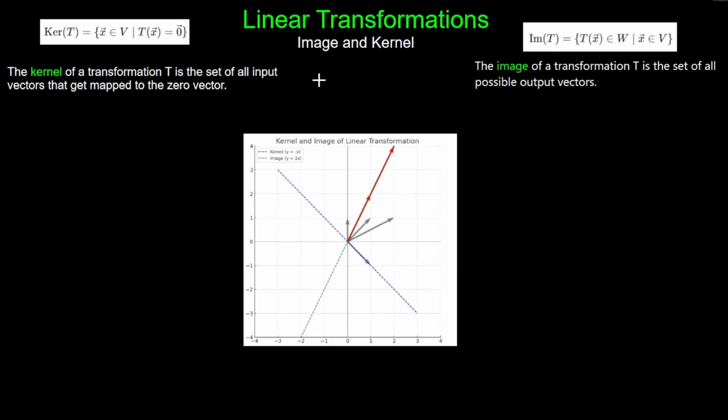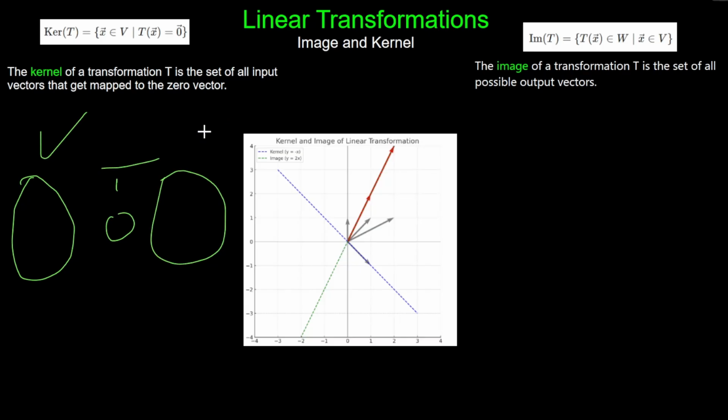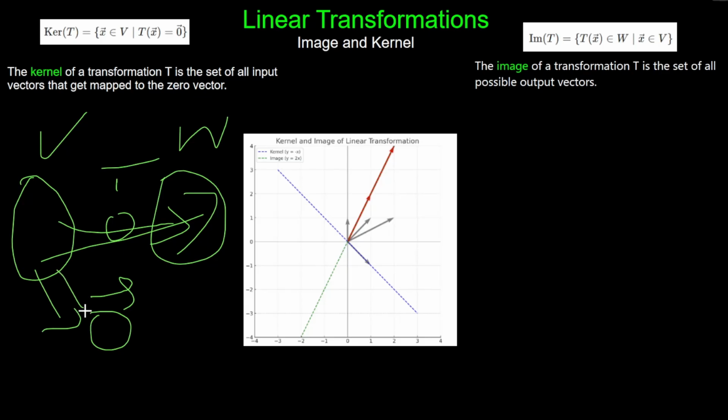let's talk about image and kernel of a linear transformation. So kernel of a transformation T is a set of all input vectors that get mapped to the zero vector. So let's take two vector spaces and a transformation. So we have V and W vectors in the input space. V gets mapped to the vectors in the output space W. So the set of all vectors which get mapped to the zero vector during the transformation contribute to the kernel.